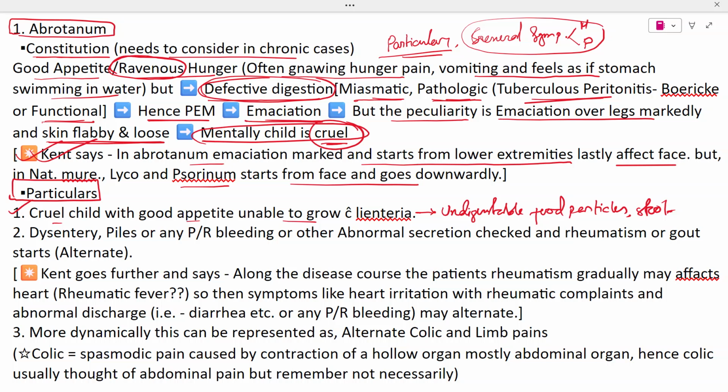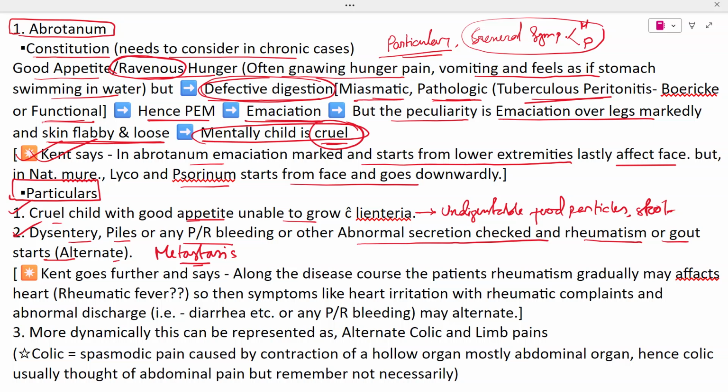This can be a particular symptom. Also the patient has a good appetite, but there is no muscle mass. Second is dysentery, piles, or any rectal bleeding or other abnormal secretions checked, and rheumatism or gout starts or alternates. These are very important symptoms we see in Abrotanum. This is also known as metastasis. Metastasis is nothing but alternating progression of disease in a different form. It first affects one organ and then goes to a different organ, with direct or indirect pathology.